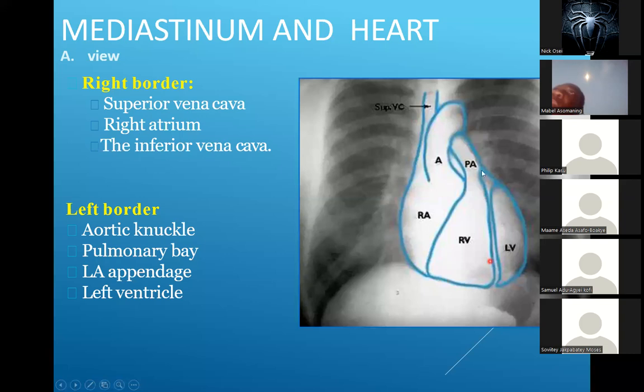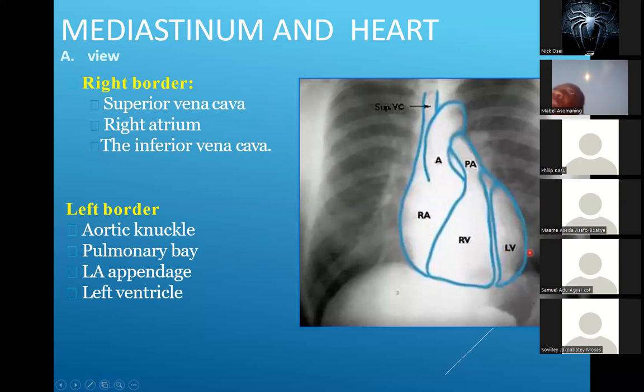There's also something that you should be conversant with. So when you see a chest X-ray like this, you should be able to visualize the heart in it. So this one, they've used the marker to delineate it out for you clearly. So when you see on the chest X-ray, these are the various areas where you expect these parts to be.